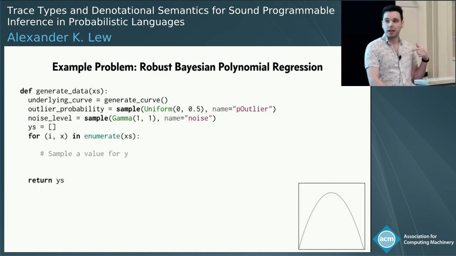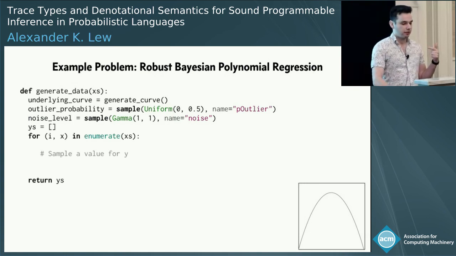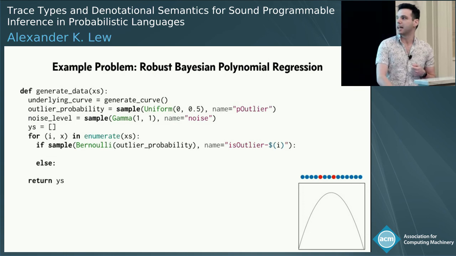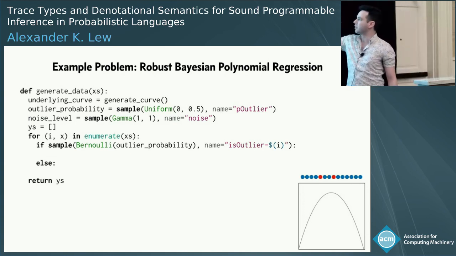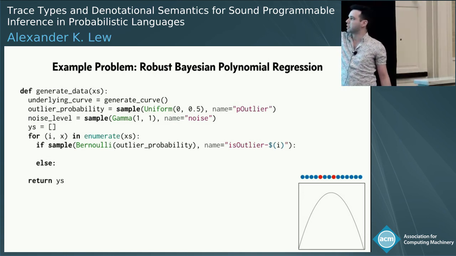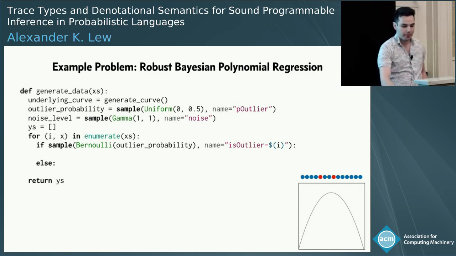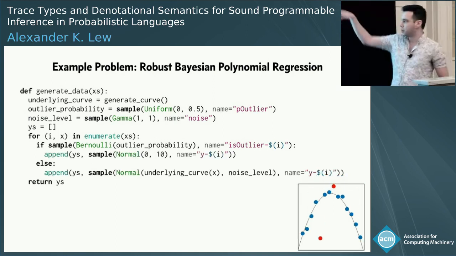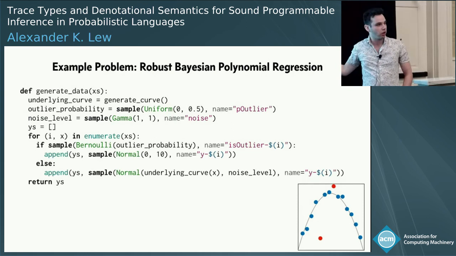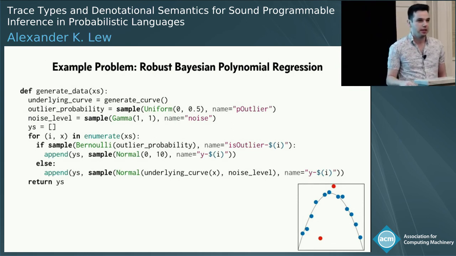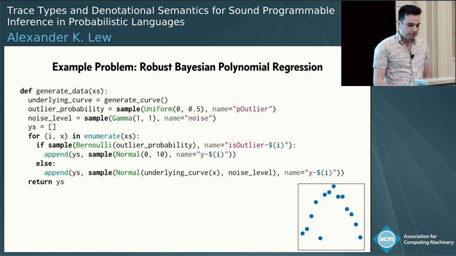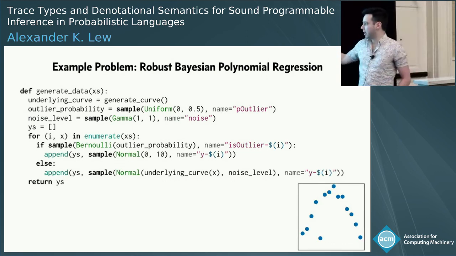And then for each x point, we're going to sample a y point, and in order to do that, we're going to decide, is it an outlier or an inlier? And then we're actually going to sample points either near the curve or from a broad outlier distribution. Okay? So that's how we get our data set.